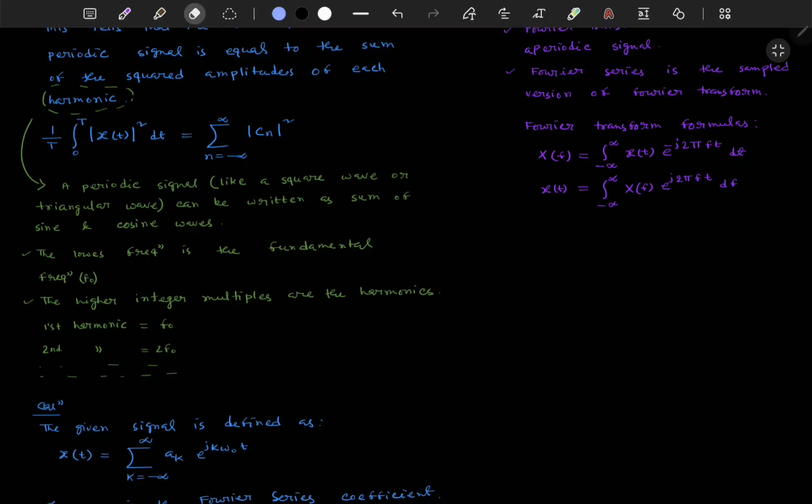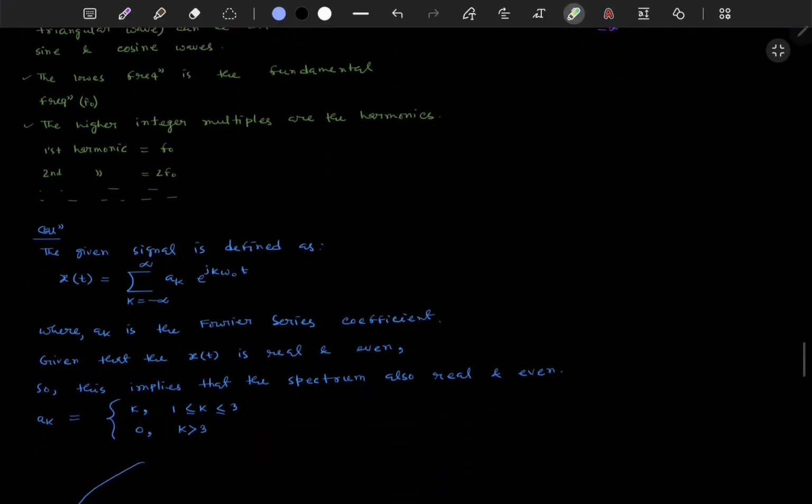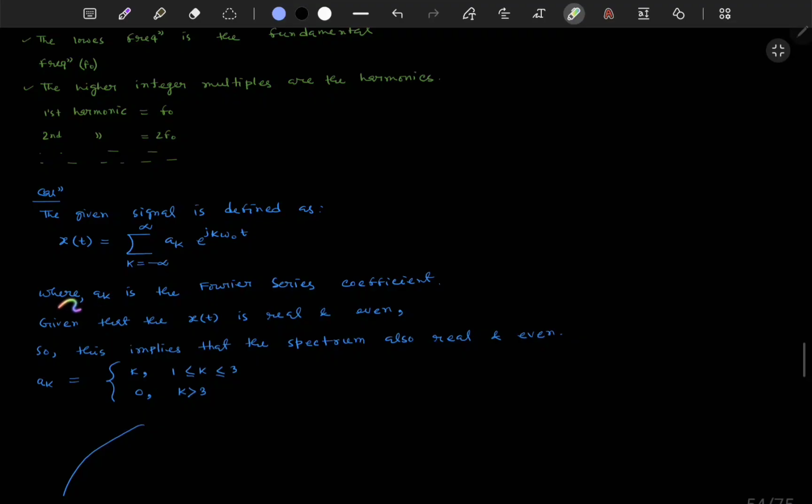Now the calculation. The given signal is defined as x of t equals summation k equals minus infinity to infinity of a k e to the power j k omega naught t, where a k is the Fourier series coefficient, given that x of t is real and even.